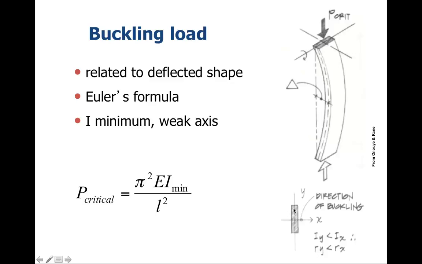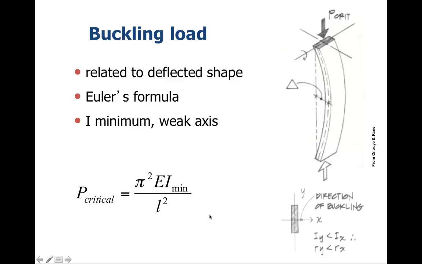So if we have this column right here, we have two axes, the y-axis and the x-axis. In which case is it going to buckle? It will be strongest along the x-axis and weakest along the y-axis.